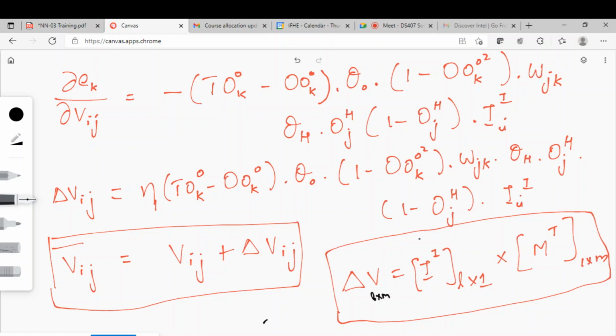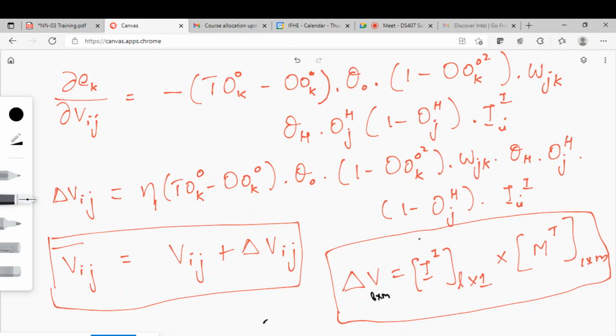Now let us go back to the slide. Before going back, like how we have derived this, similarly we can derive for Wjk also. We derived Wjk last class. So dou Ek with respect to Wjk is nothing but first the derivative of the error part, then the output part, and then the weight part, which is Ojh.